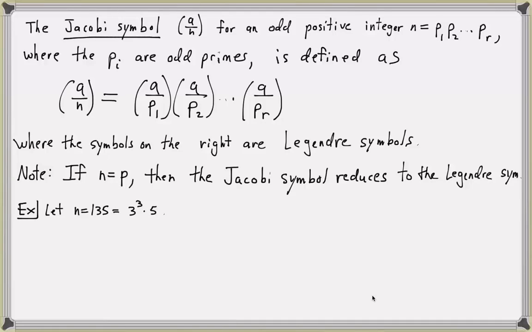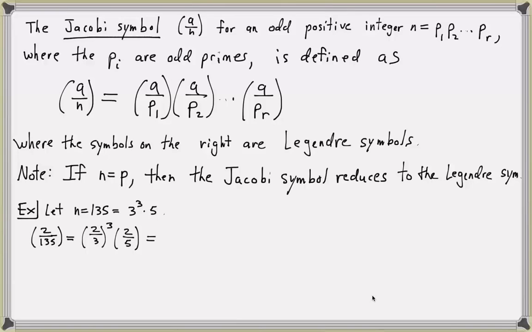When I evaluate the Jacobi symbol 2 over 135, I can rewrite this as 2 over 3 times 2 over 3 times 2 over 3, so a total of 3 factors of the Legendre symbol 2 over 3, times 2 over 5.